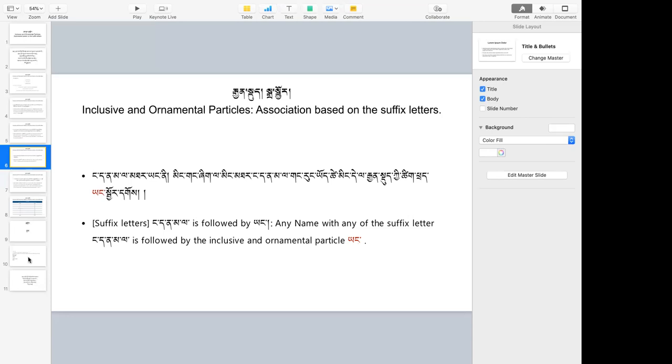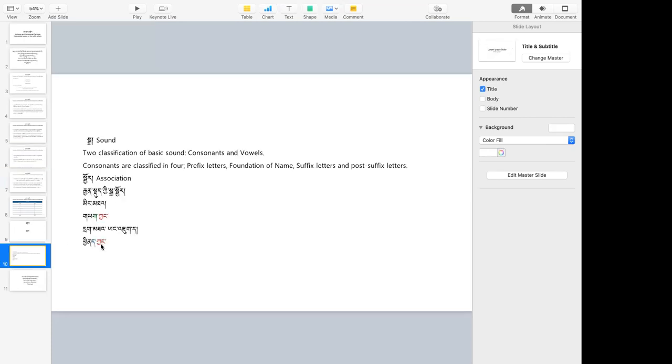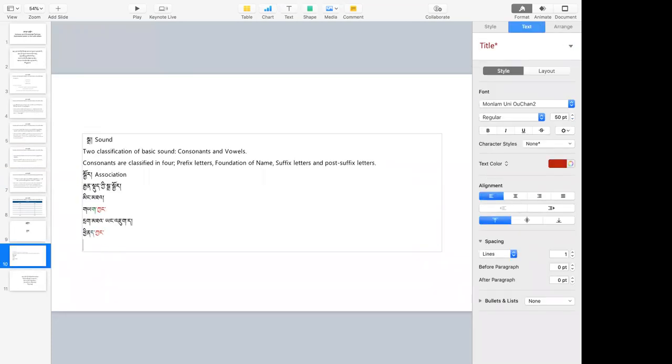So we see here, let's give an example. We see that in this particular usage, we have the suffix letter nga.